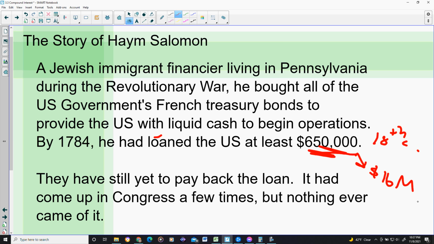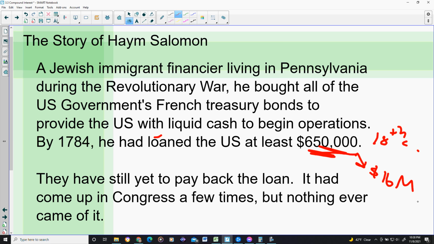So even though he never intended to be repaid, he did sign documents with official interest rates and repayment terms and all of that. He also had to agree for the repayments to start, and he told Washington, "No, I don't want you to ever start repaying me."